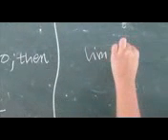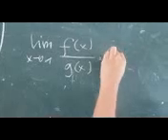There are two forms of indeterminate limits. First is the limit of f of x over g of x as x approaches a equals 0 over 0.